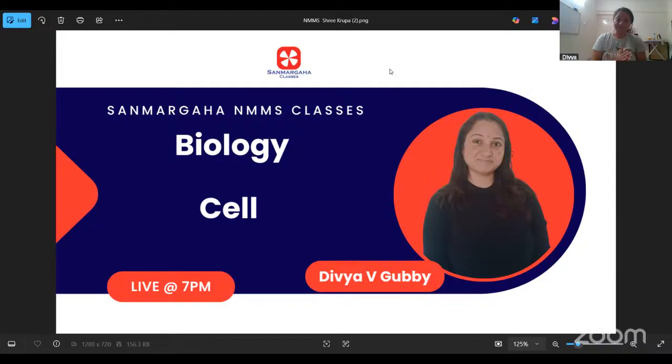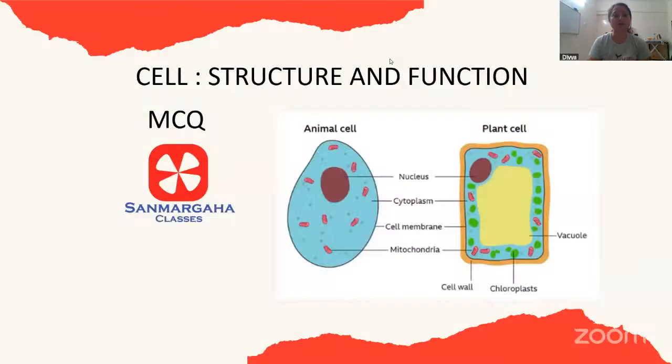Yes, so the same concept, cell structure and function, whatever we have studied yesterday, we will just recall all the concepts we have studied, and we will be answering the MCQ questions, right? That is multiple choice questions. A question will be there and four options will be there. We will be ticking the right answer for that.